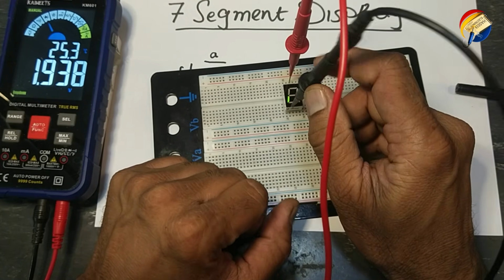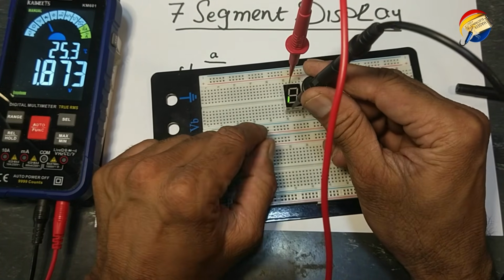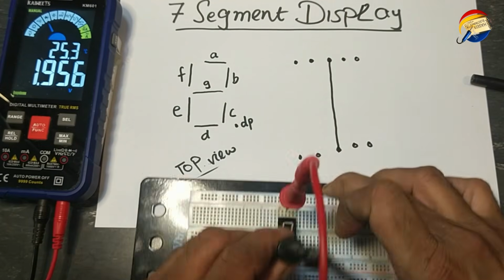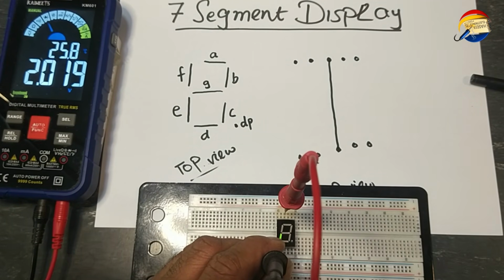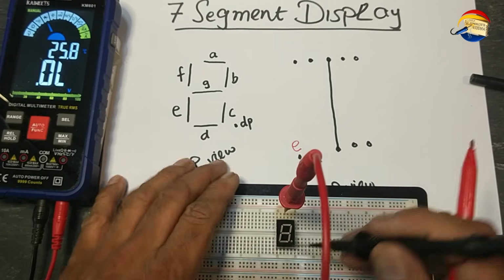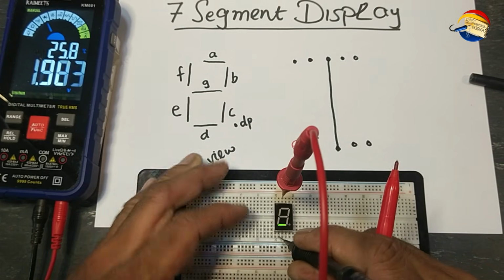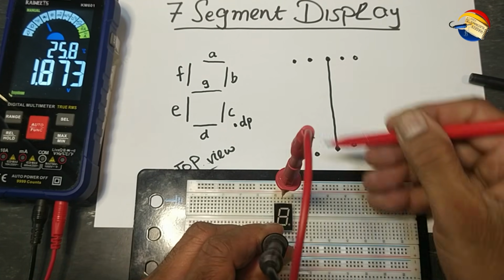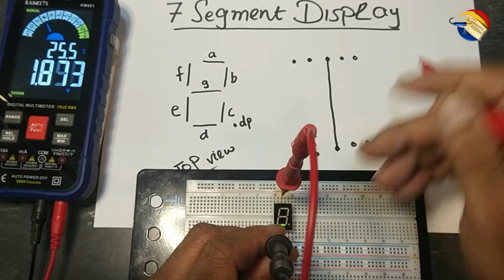This first lead in the bottom row is turning on this segment. It is E. So this pin is E pin. Then this pin is D pin.